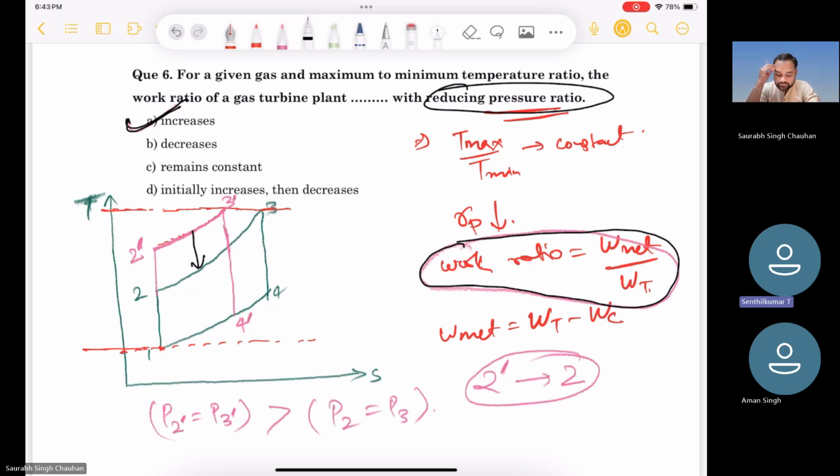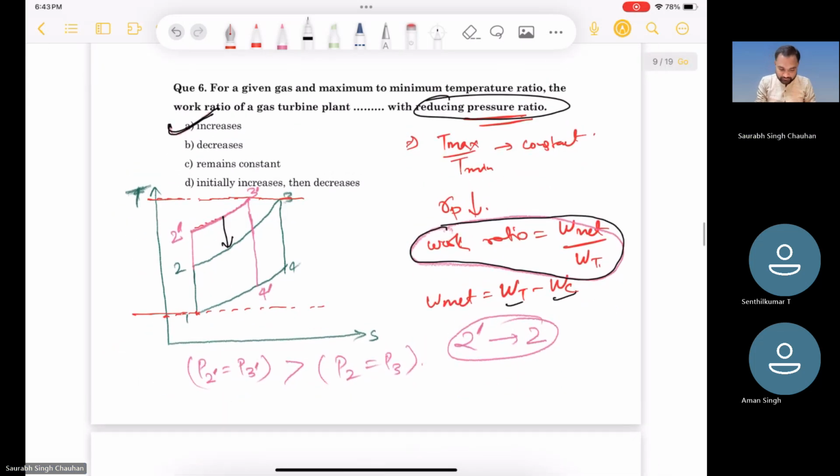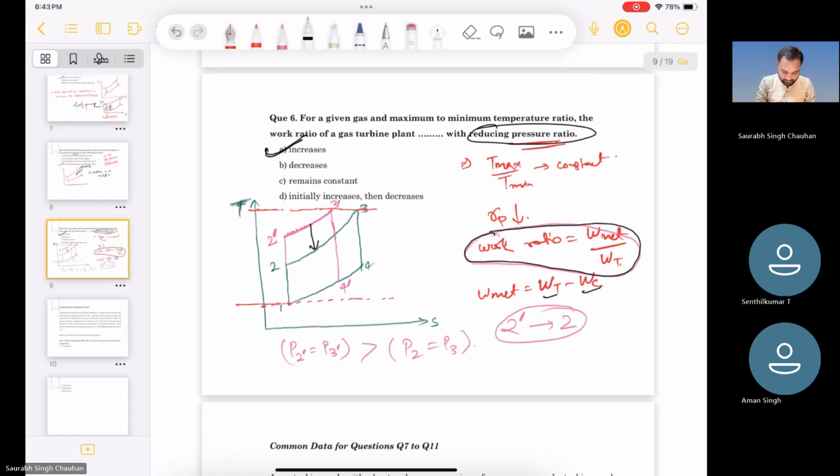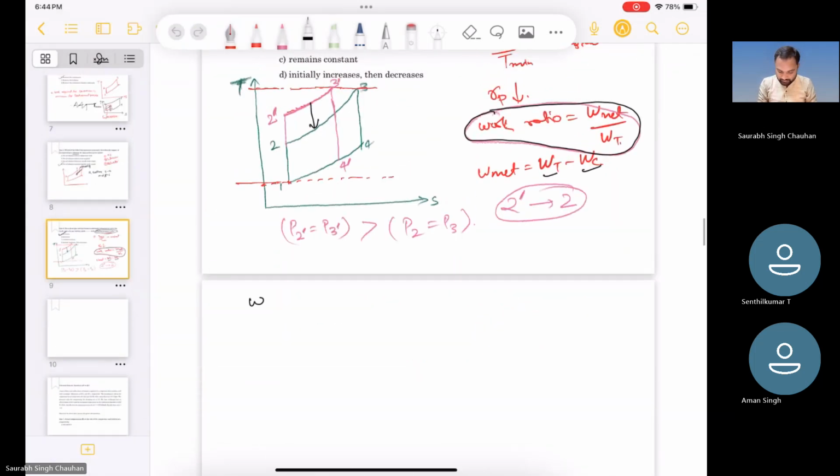It's a little bit confusing. Why? Because there are two things: compressor work and turbine work. If you try to write it, work ratio is net work, that is turbine work minus compressor work, divided by turbine work.